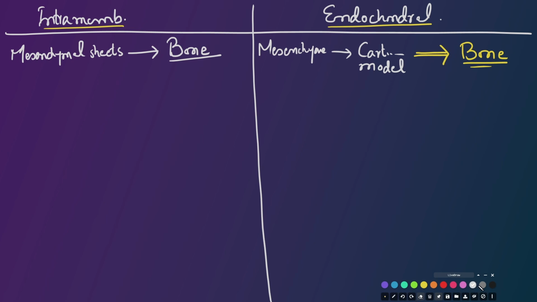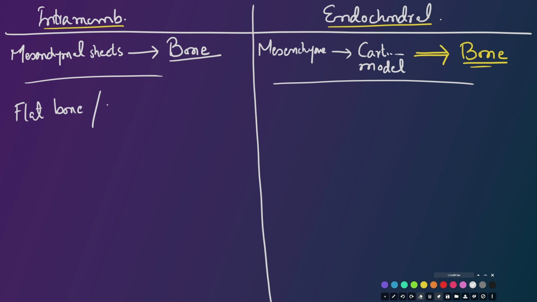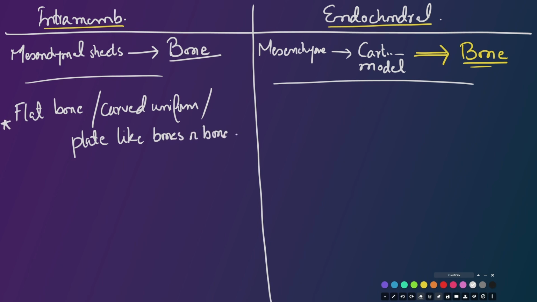Now, let's not go into details, but here I want to mention that for flat bones or slightly curved, uniformly shaped bones, plate-like bones, or even bone parts, this type of ossification is ideal.